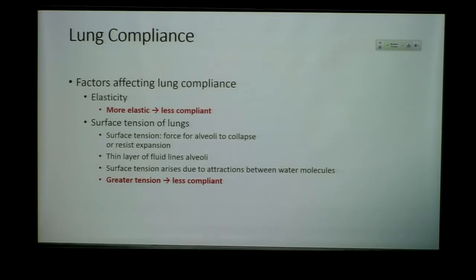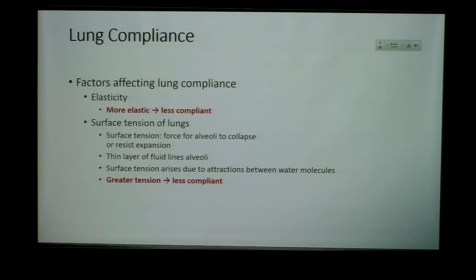Now, water has this dual nature, and this goes back to some basic chemistry, but water has positive charge, negative charge, because of that oxygen on there. And so what we see is that water wants to attract to itself. So within an alveolus, we have all of this water, that lining of fluid in the alveoli, and that creates this force where those water molecules want to attach to the molecules on the other side. And so an alveolus wants to collapse naturally, okay?